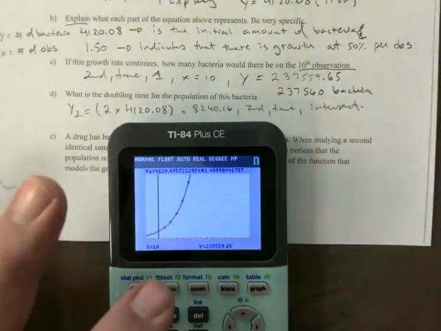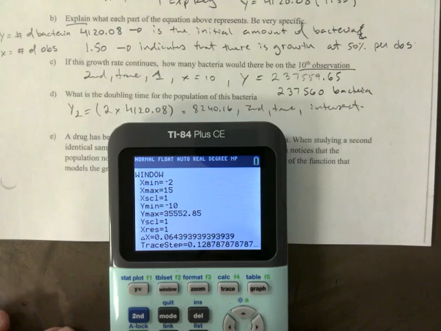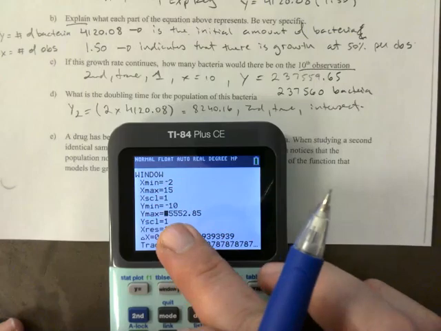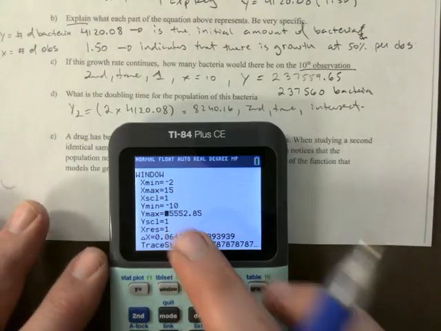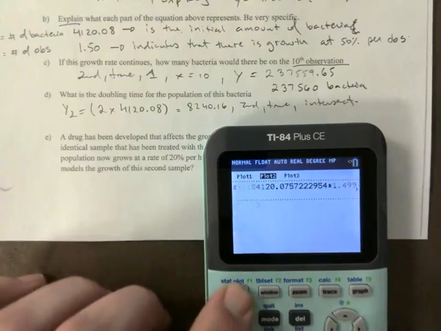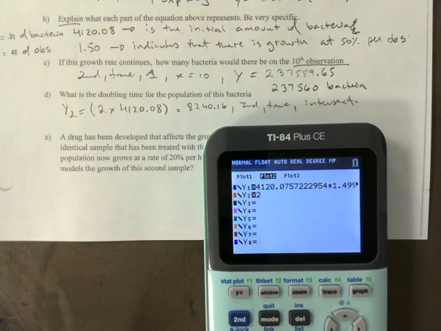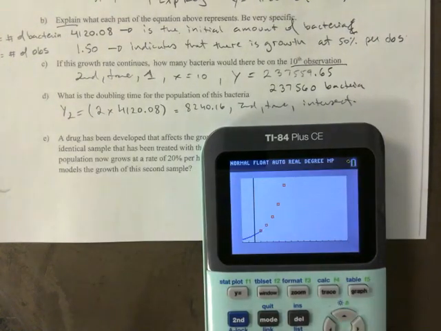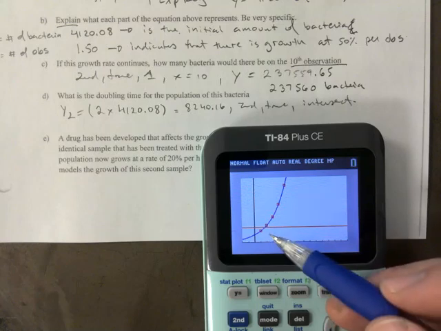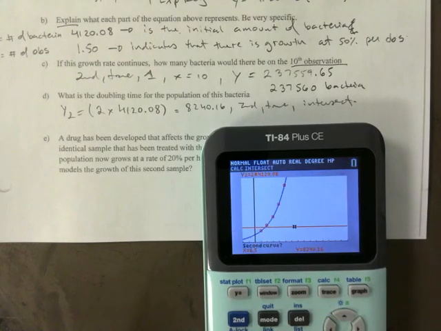And here we go. I need to fix my window for sure. Oh, my Y max is 35,000, so I'm good. I can just graph this one. So I'm actually going to go 2 times 4120.08. You can actually do that. And there it is. Second trace 5.